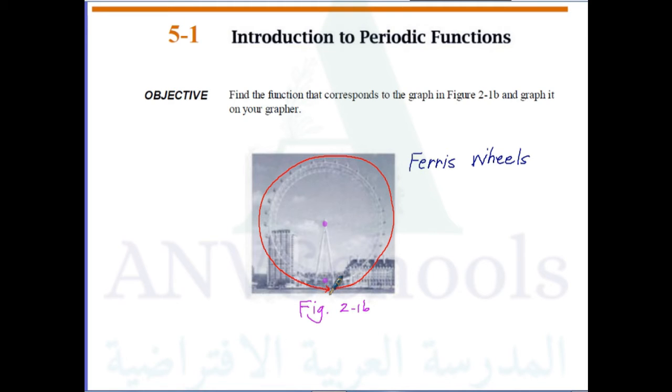So from this point, it rotates to an increasing height until it reaches a maximum height, which is directly opposite from the beginning. And then it comes down, going back to the same position.